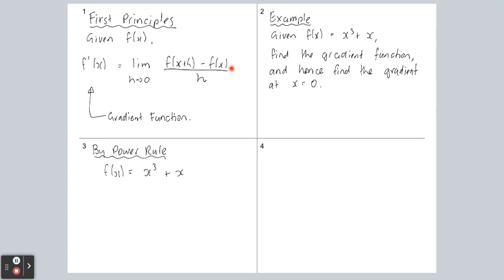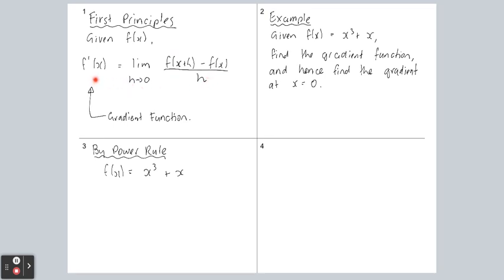Although we can't do that, we can look at the behavior of the function as h approaches 0. So instead of x approaches 0, we're doing h approaches 0. Effectively, as h gets really tiny, what is the gradient approaching? That's the idea, and we call that f dash of x.